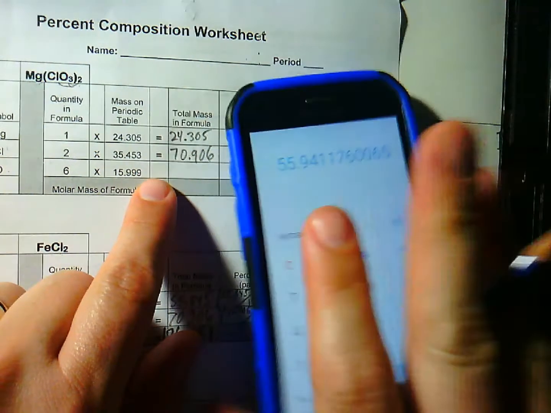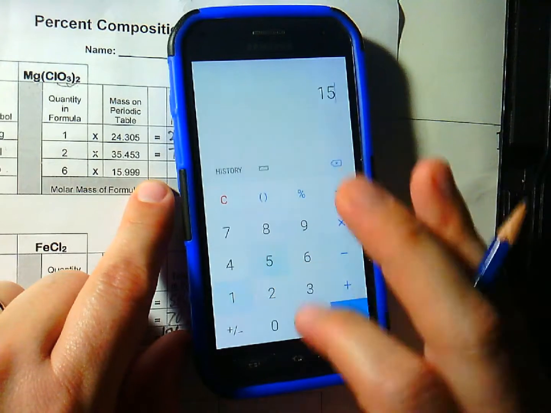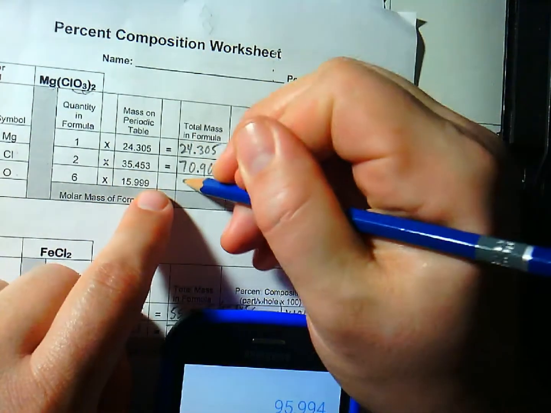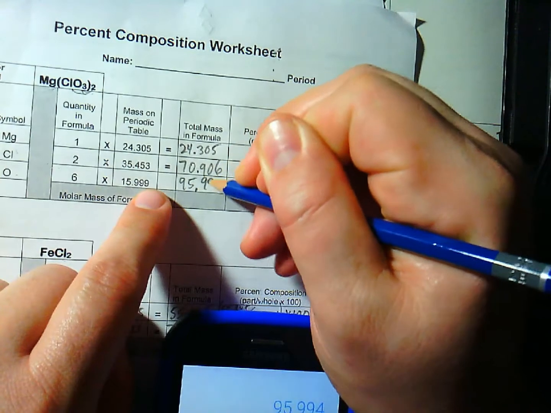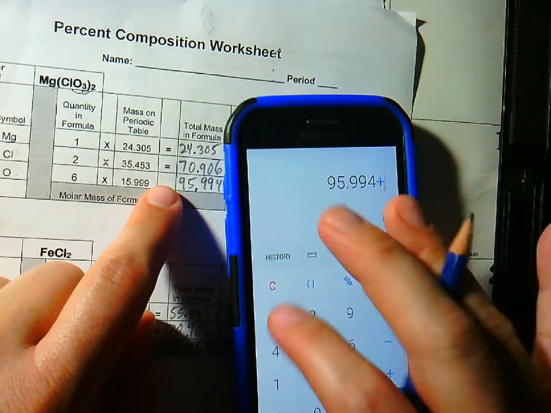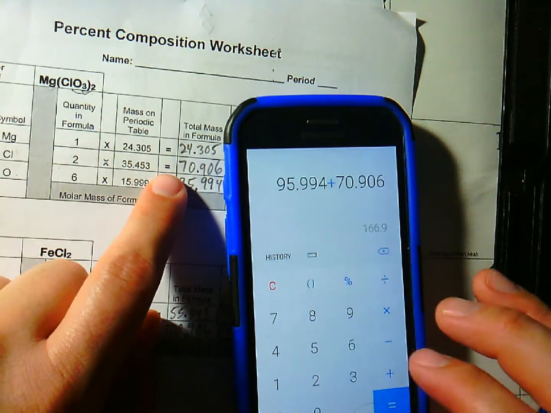This is a big number, so I'll use my handy dandy calculator to do it. And then this is too many numbers to add, so I'm a little bit lazy. I use my calculator to help me add too.